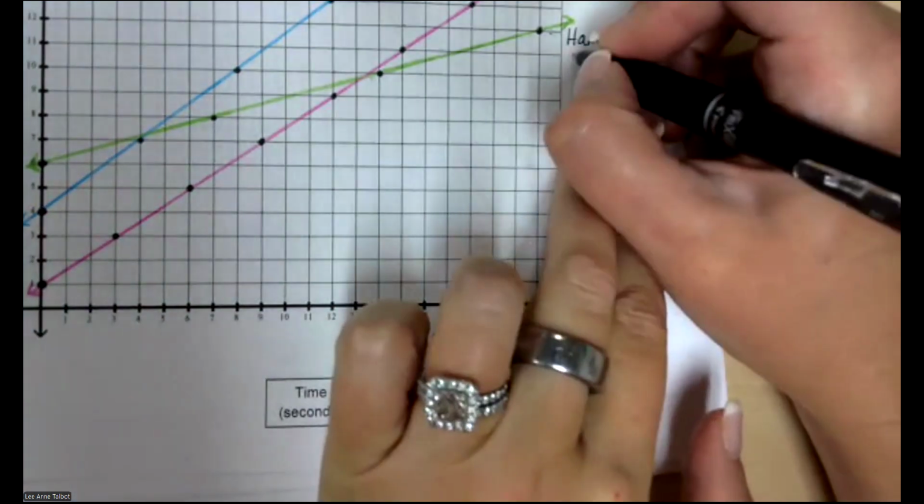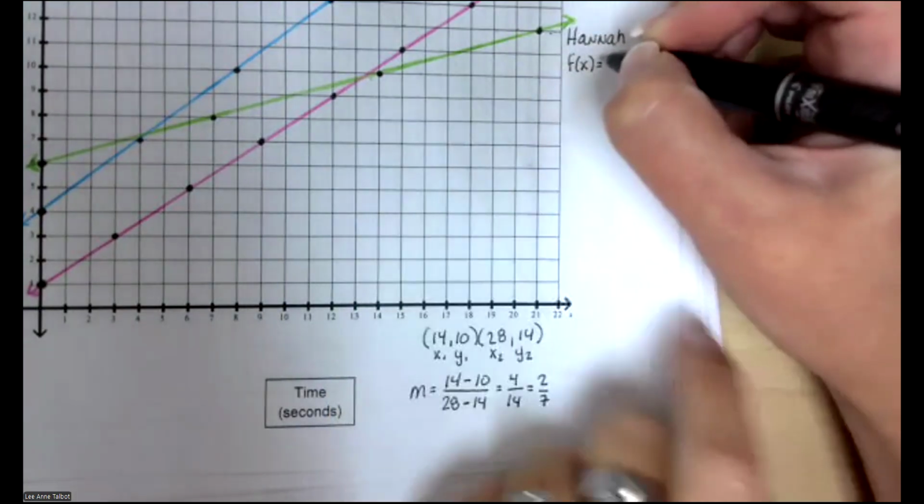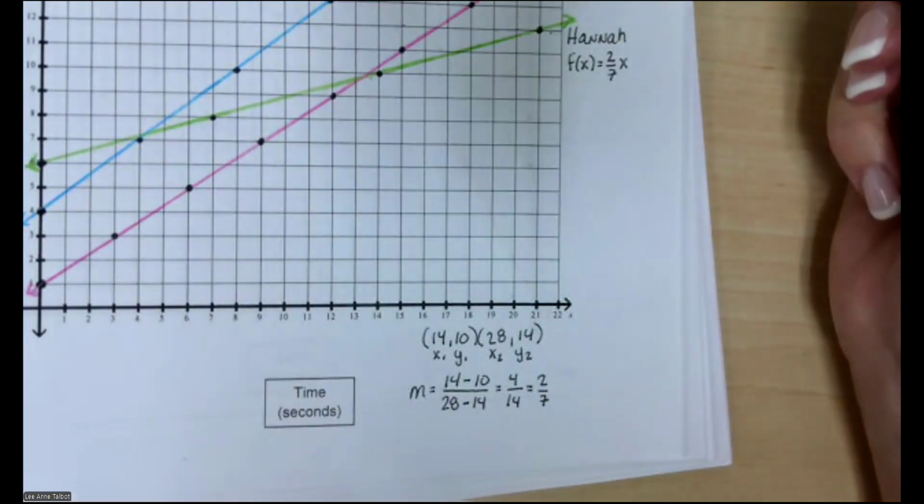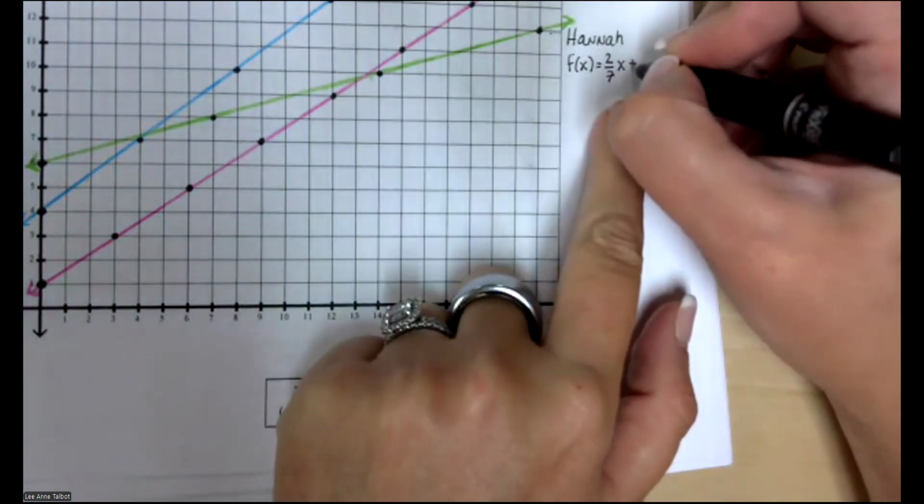Okay, so Hannah's equation is f of x equals 2 over 7x, and then what was her head start? 6.